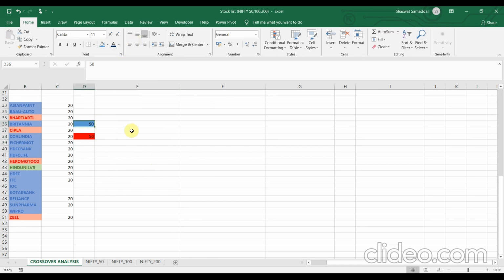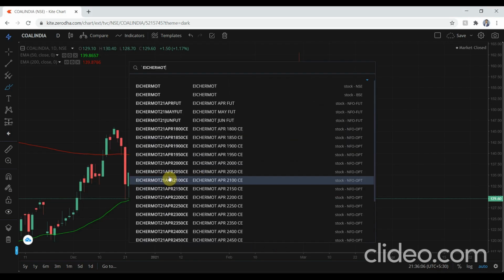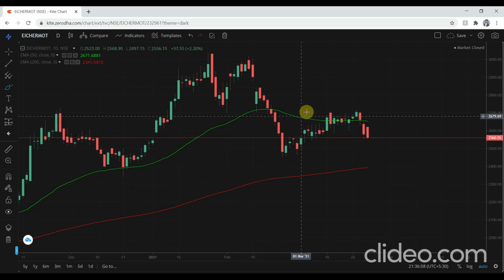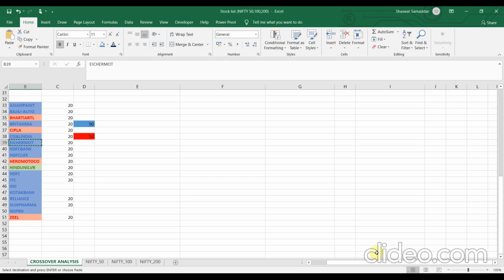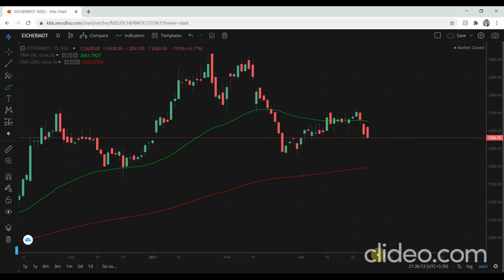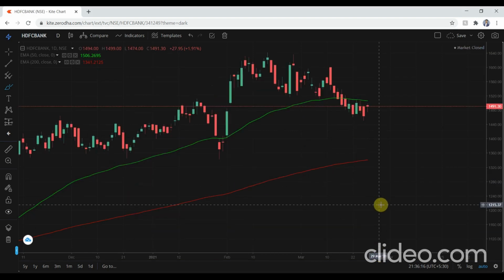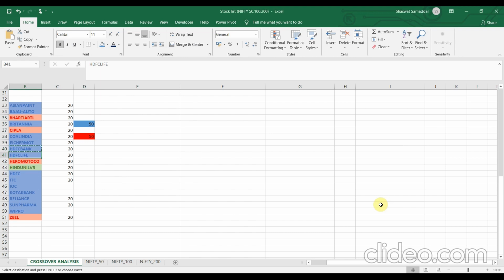Blue 50 represents that in Britannia we are about to see a crossover in the 50 EMA template. Next one is Eicher Motor. It's well above the 200 EMA. HDFC Bank. It's again well above the 200 EMA.